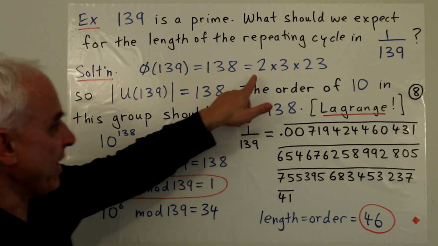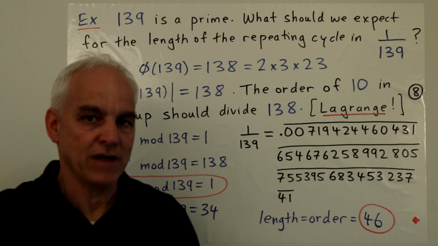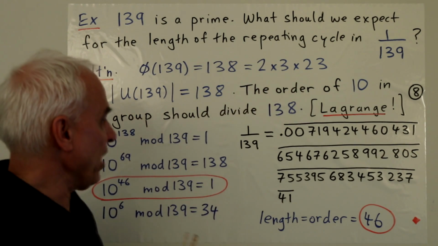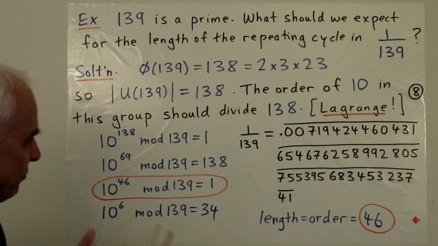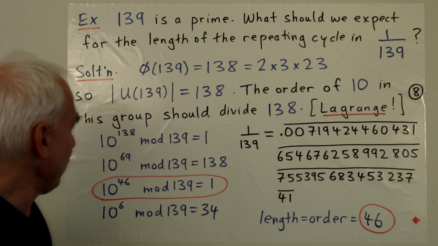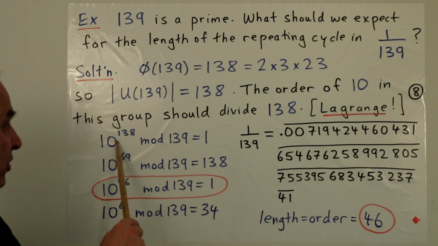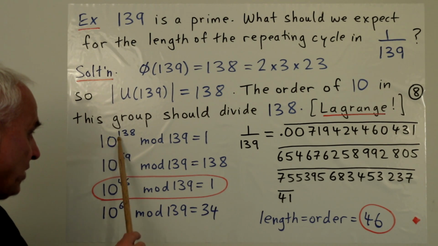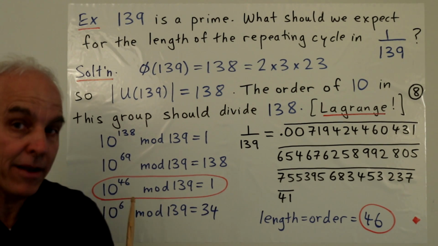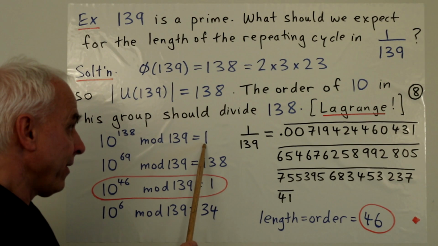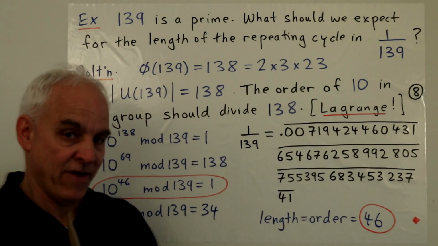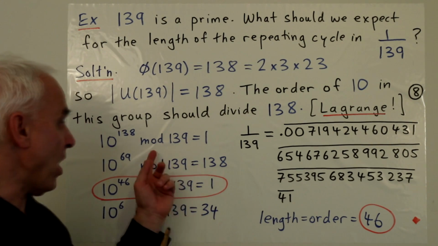So there's not that many possible factors of 138, because we have its prime factorization. So let's try some things. Let's have a look at 10 to the 138 first. Well, we're not surprised to find that 10 to the 138 mod 139 is 1. If you raise 10 to the power of 138, yes, you eventually get back to 1 mod 139.